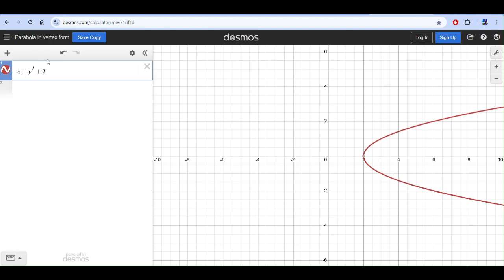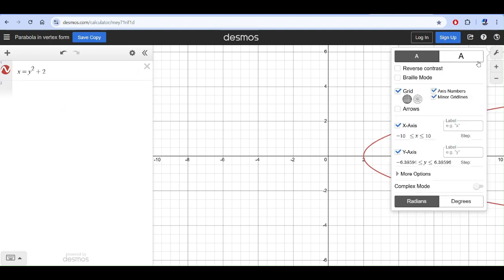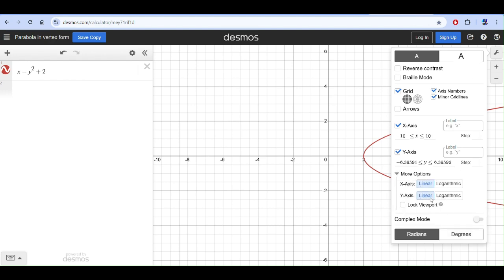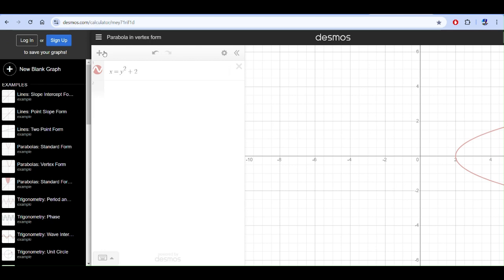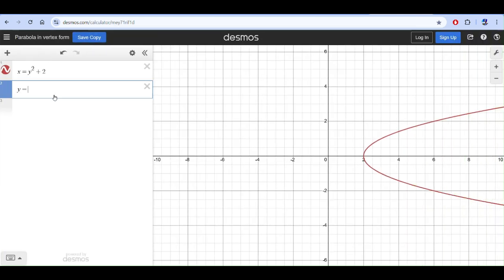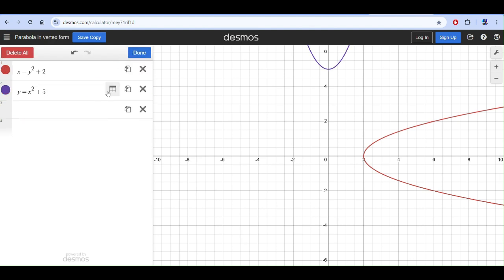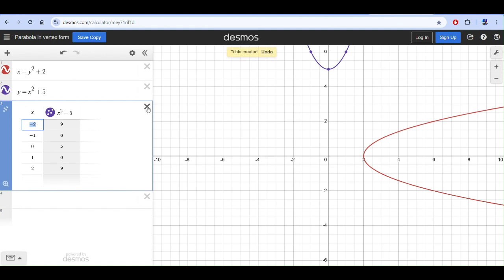There was a way to make this into a table. I forgot how. Let me see. y equals x squared plus 5. If I do that, and then go to settings, see, it's able to create a table when it's a function. We can make a table when it's a function, not when it's not. Got it. Understood. Thank you, Desmos.